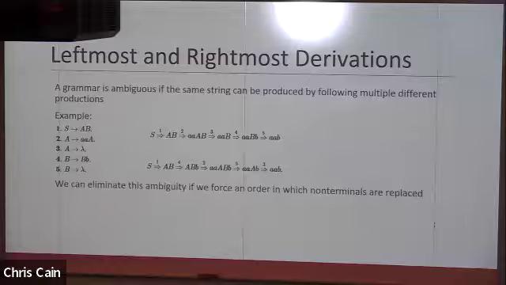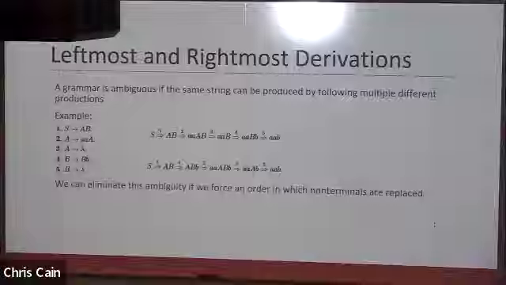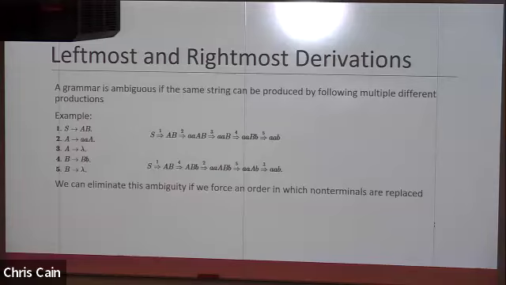Ambiguity can go away if we force some kind of order. If there is ambiguity, then you do this before that, so we have some actual way of determining the order of operations for these associated productions.